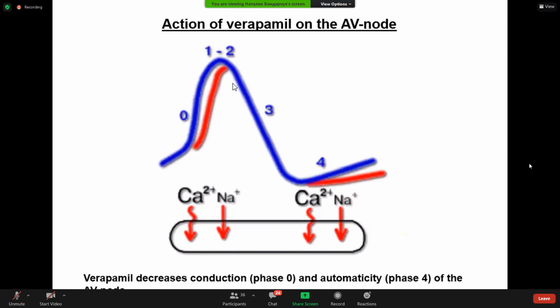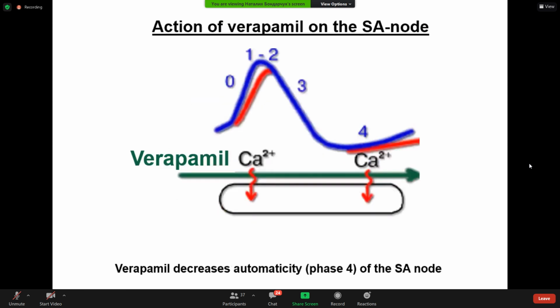And if we are speaking about the Purkinje fibers action potential, calcium ions play the major role only during the plateau. In the zero phase, it is the inward flow of sodium ions, and during the fourth phase, also an inward flow of sodium, in the action potential of Purkinje fibers. That's why verapamil can't be used to treat ventricular arrhythmias. So verapamil can be used to treat supraventricular or atrial arrhythmias.